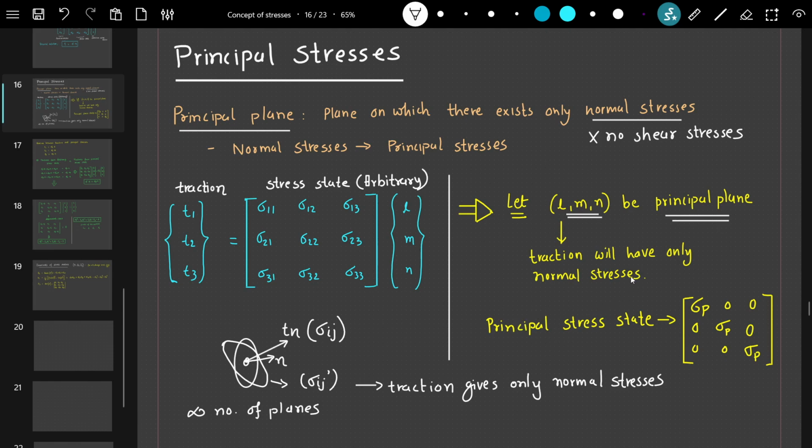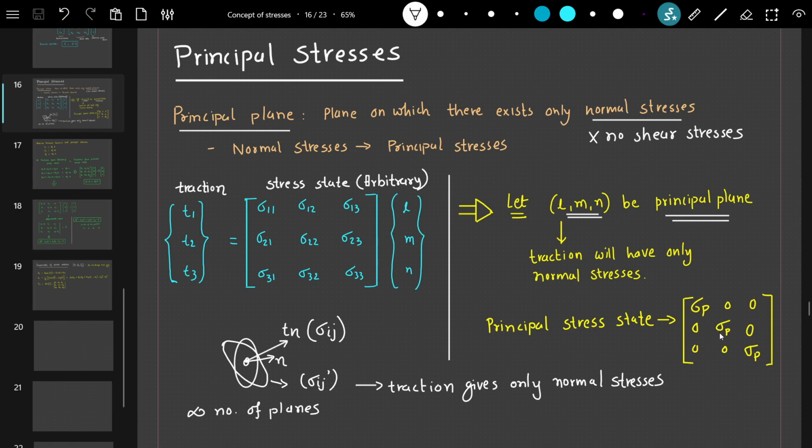And on this principal plane, we can describe the stress state as sigma p, sigma p, sigma p on the diagonal. Sigma p is a principal stress and the other components are zero, because it is a principal stress state. That means the shear components are zero, and only the diagonal normal stress components are available.